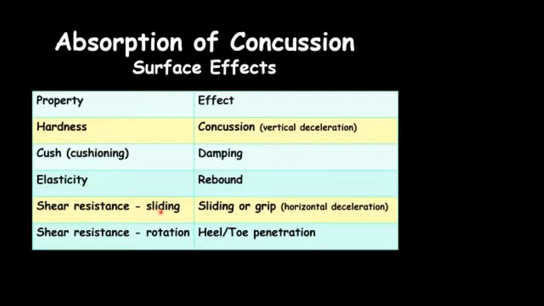So the resistance of the surface to having the hoof slide across it or through it is what determines the horizontal deceleration. And this property, we sometimes just refer to it as sliding, or the grip that's offered by the surface, the grip or grippiness.